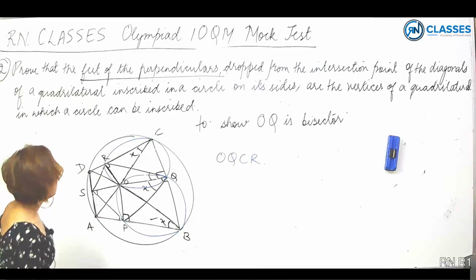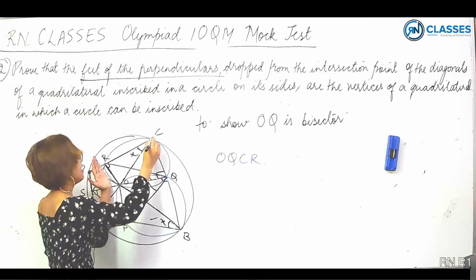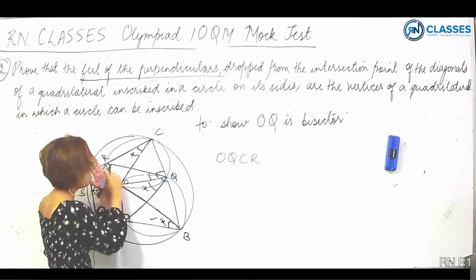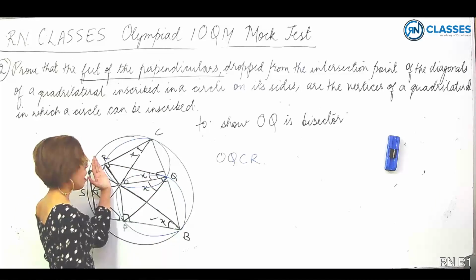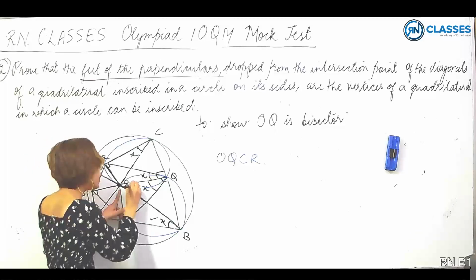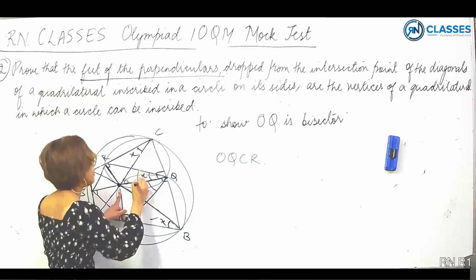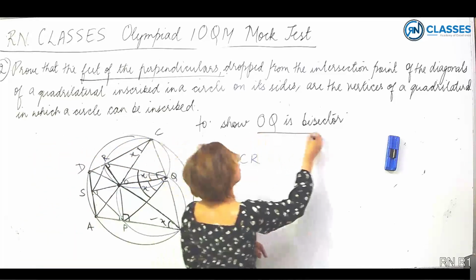I think the problem is done now. Now come back to the circle. This chord subtends angle x. This chord subtends this angle. If this is x, this has to be x. Now you have proven that OQ bisects this entire angle. That means OQ is the bisector.